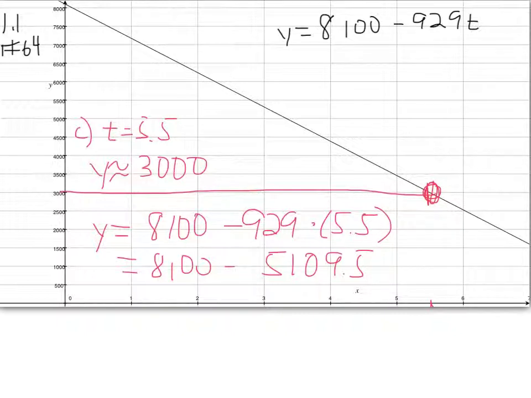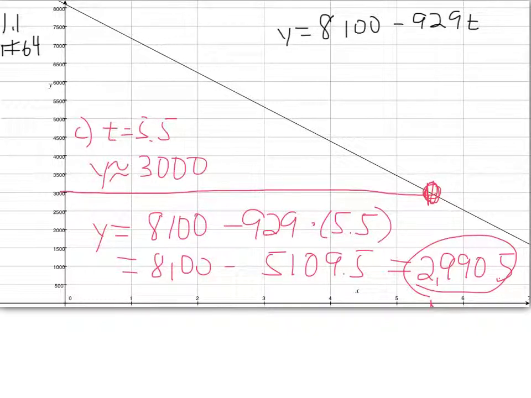We subtract that from 8,100. So we're going to get that this is exactly 2,990.5, which is awfully close to my 3,000.